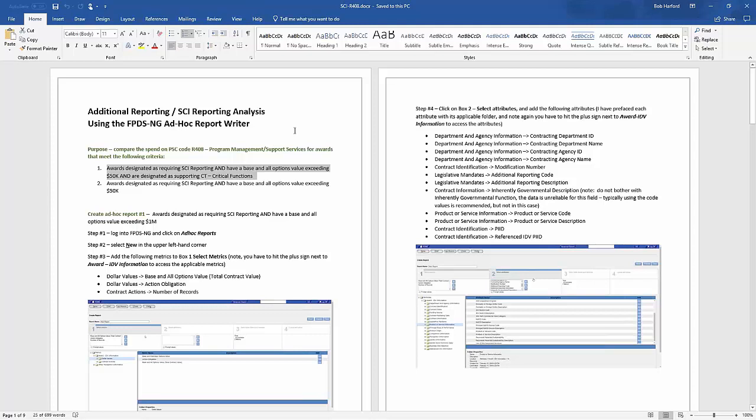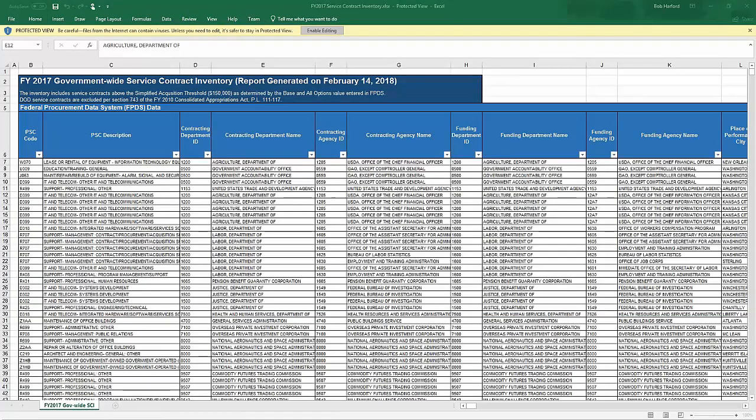You can really go through these ad hoc report steps yourself, but while we're waiting for that huge Excel file to open up, why don't we, if it ever does.